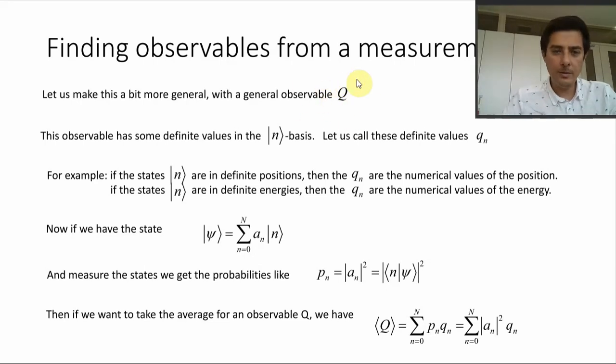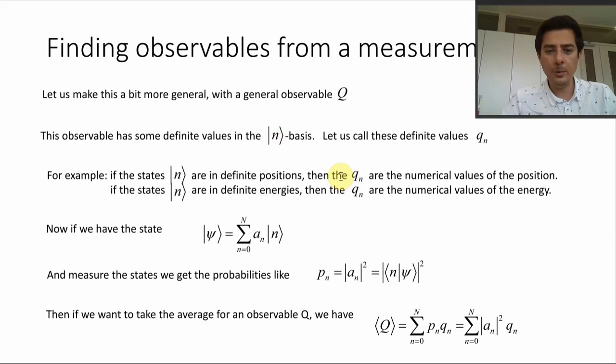I will do later on, but at the moment, what we know is that whatever this observable is, whether energy, position, or whatever, it is associated with some definite types of states. Okay, so there are some states where, for particular states, it has particular values, right?